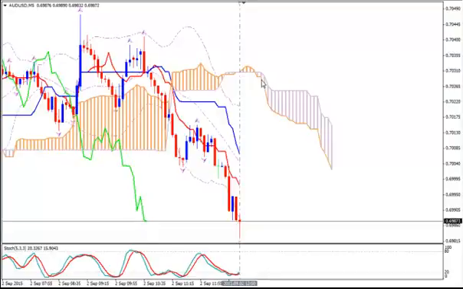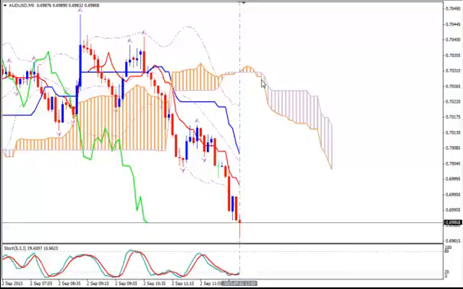But if you see the price going up so that it makes a bullish price Tenkan Sen cross on M15, switch to M15. Then if it makes one on M30, switch to M30 till the correction ends, and make sure that it ends at the highest possible time frame where you had a bullish price Tenkan Sen cross.